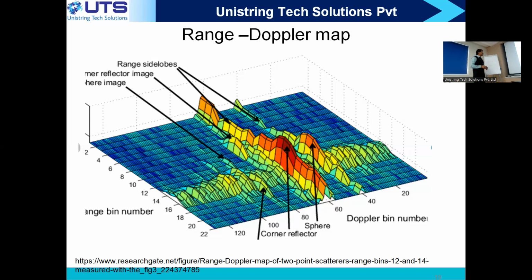So what you see is, if a target is present, I don't know from where I picked up this reference, maybe this is in meters or kilometers, assume they are meters. This is showing a particular target present at some 14 meters, and this target is present somewhere at some 13 meters, whereas this scale is showing the Doppler bin number.